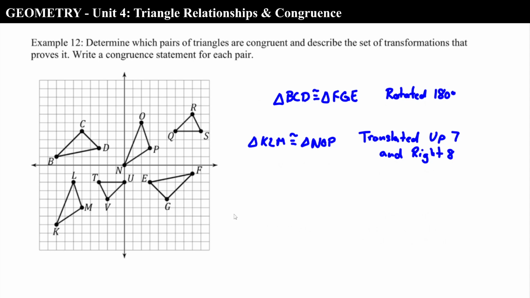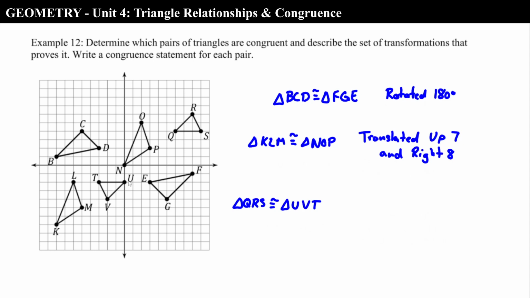And then finally, we have QRS and TUV. In fact, it should be QRS and UVT if we're going to write it in the correct order. So triangle QRS is congruent to UVT. And what we have happen here is we have a rotation of 180 degrees, and that rotation happens about the origin.